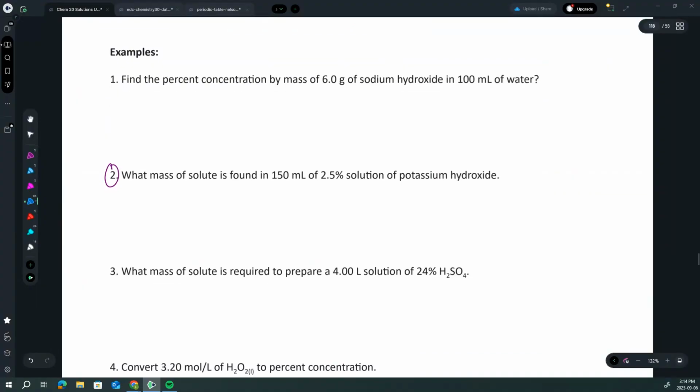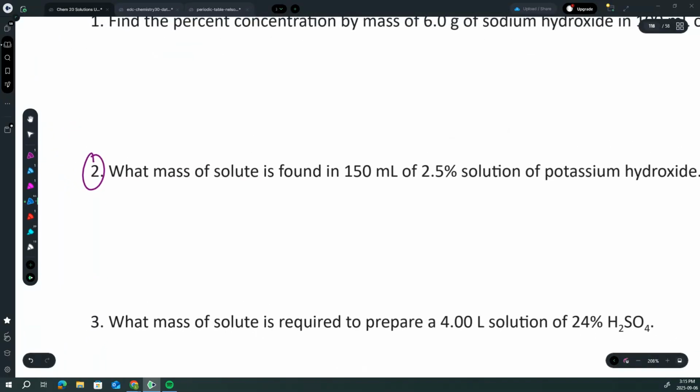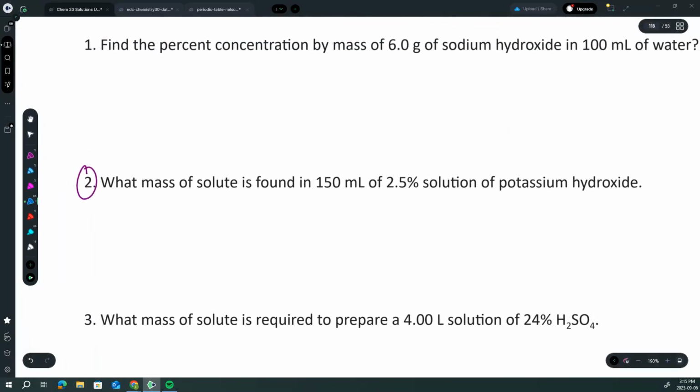All right. Moving on to some other examples that I want to show you guys. For example number 2 here, I'm just going to do a couple of them to show you how this would look, but the rest of these can be for practice. Example 2 says, what mass of solute is found in 150 milliliters of 2.5% solution of potassium hydroxide?